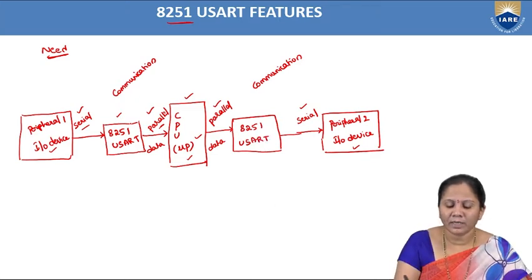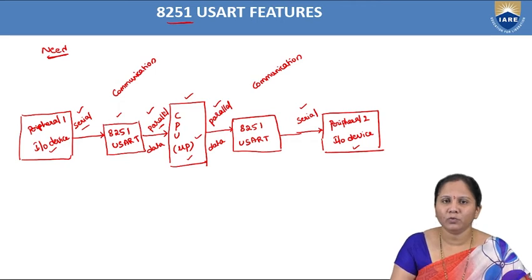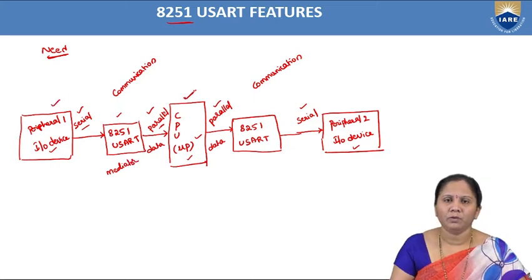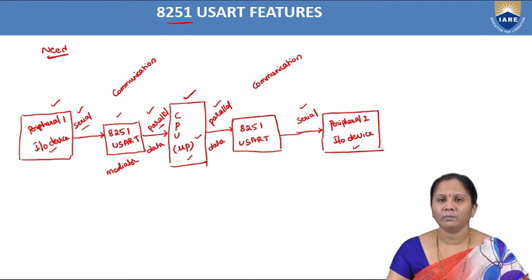This is the main need of using the 8251 USART as a mediator between the peripheral devices and CPU, because it converts serial data into parallel data and parallel data into serial data.